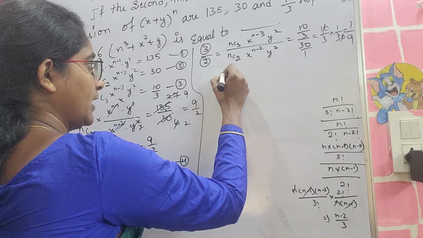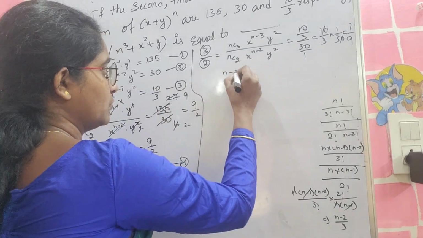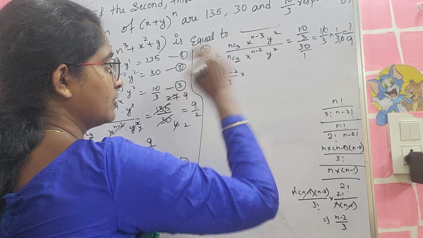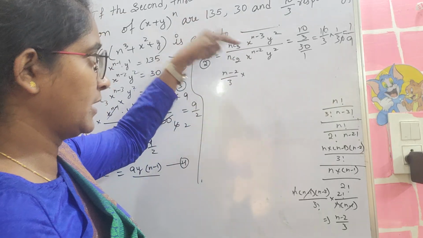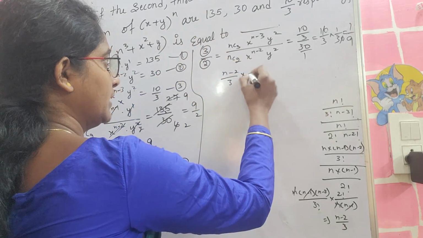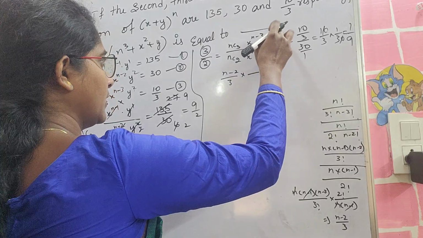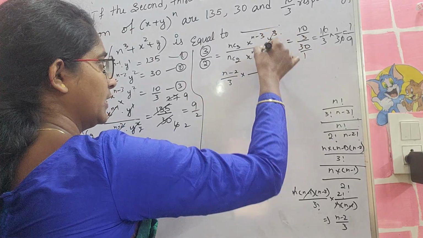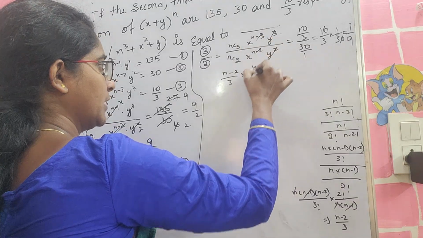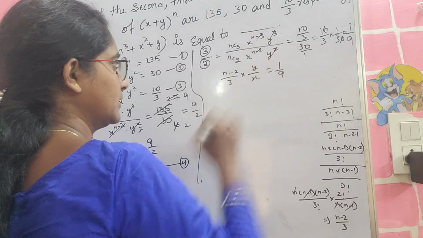So this part, n minus 2 by 3 into, here also if I cancel it, this is less and this is more. If I subtract, then one more x is left over in the denominator. This what I am writing here, this is a cube, right? So 1x and this cancels, y by x is equal to 1 by 9 is left over.